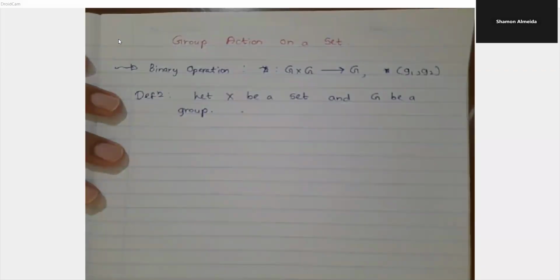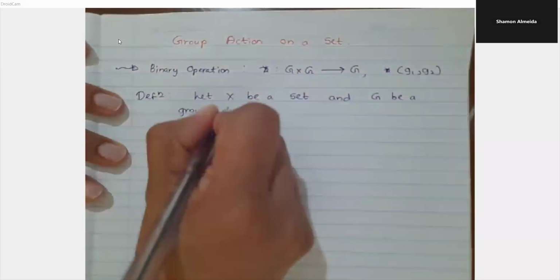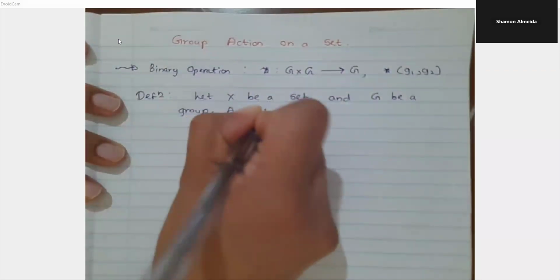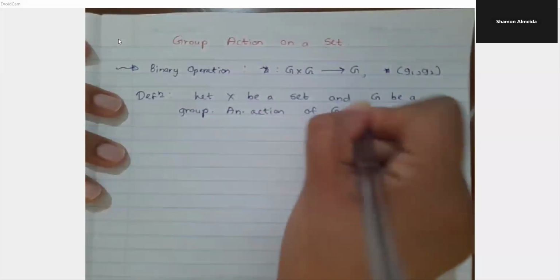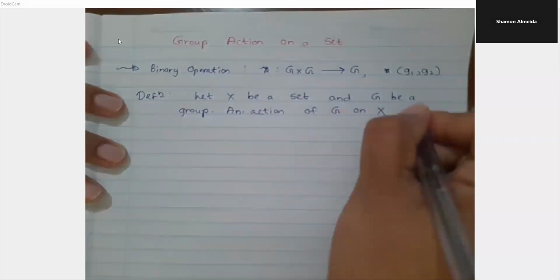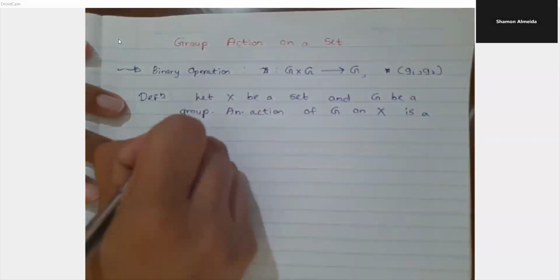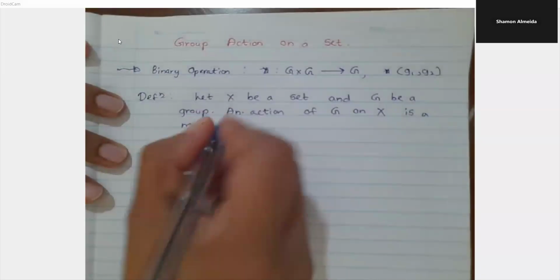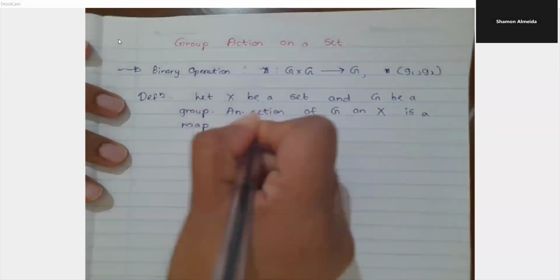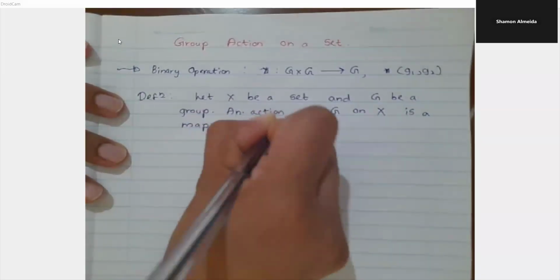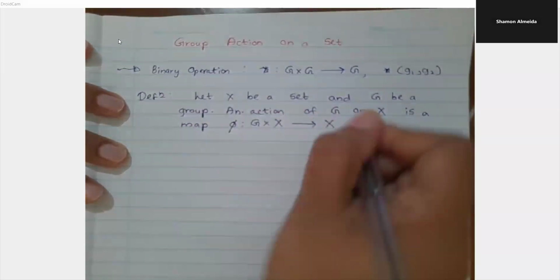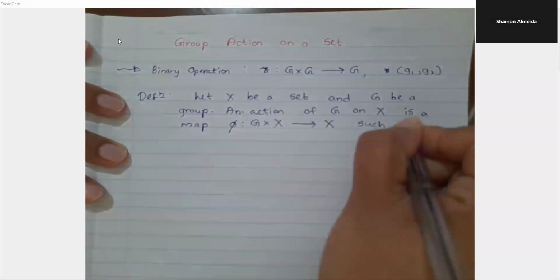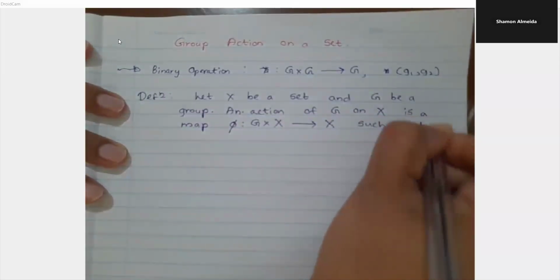So X need not be a group. It's some set. An action of G on X is a map. Let's call this map phi from G cross X to X such that, or satisfying, the following two conditions.